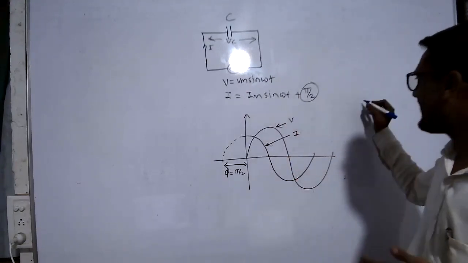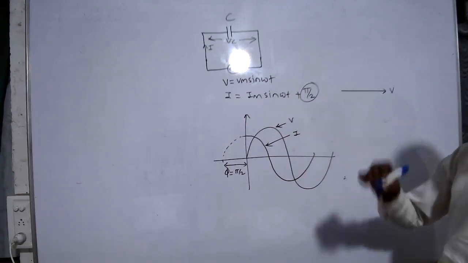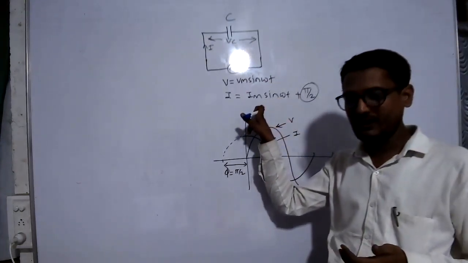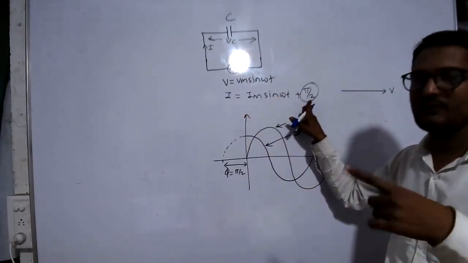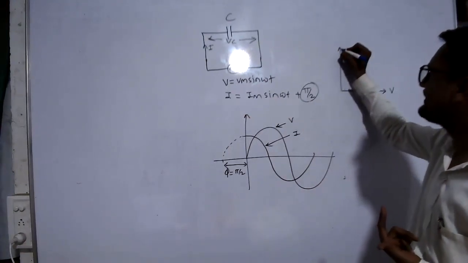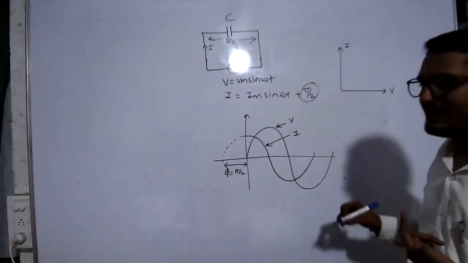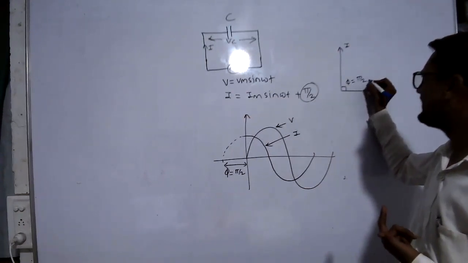Therefore, we can draw the phasor diagram here. Suppose this is the voltage phasor. By observing the voltage and current equations, we know that the current leads the voltage by pi by 2. Therefore, we draw the current phasor in the upward direction by phase angle phi equals pi by 2.